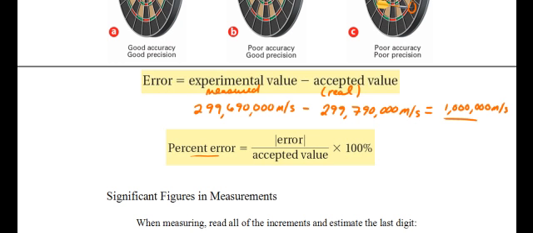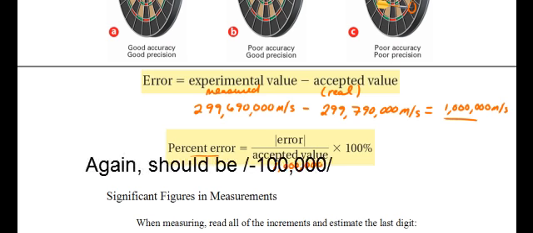If you take your error, which is 1 million, and divide that by the actual value, which is 299 million. Oops, got the decimal in the wrong place there. 790,000. You have a value that's going to be less than 1% error. You're actually very accurate.